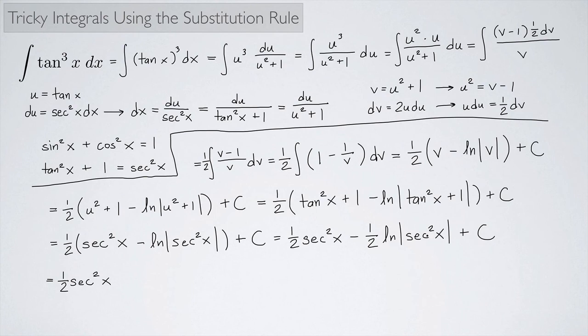So secant squared is 1 over cosine squared. And this minus 1/2 is going to become an exponent. So I'm going to do both of those things right now. So this is going to be plus natural log of 1 over cosine squared x, and this is to the negative 1/2 plus c.